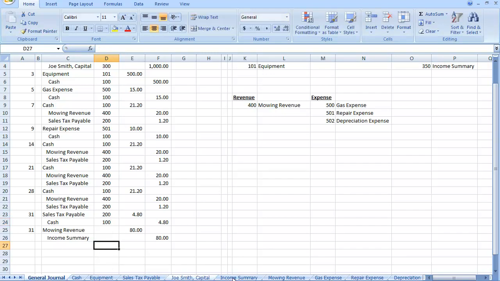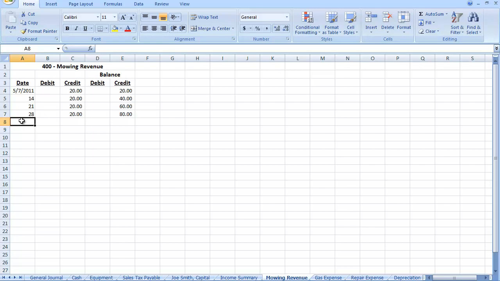Mowing revenue, 31st, and it's a debit for 80, so we wanted to close it out. So our credit balance minus our debit should equal 0. So there's nothing there. Our mowing revenue account is now closed.